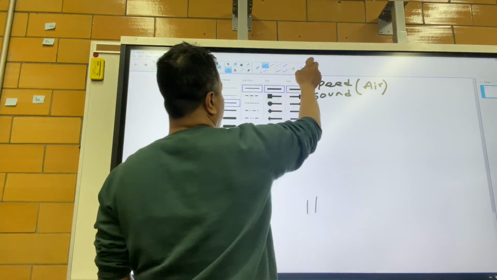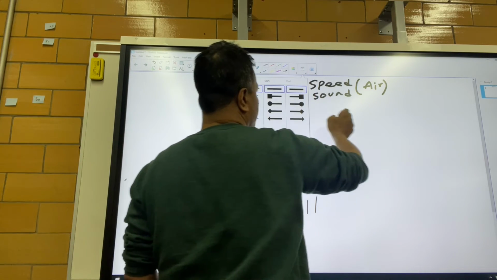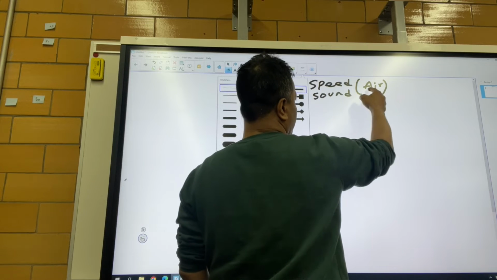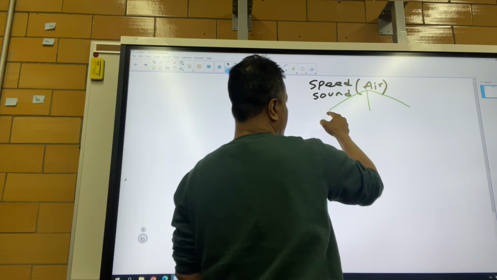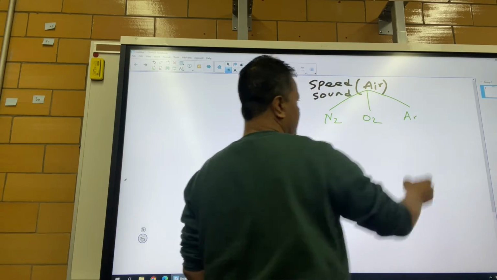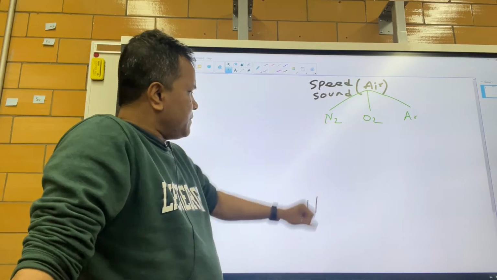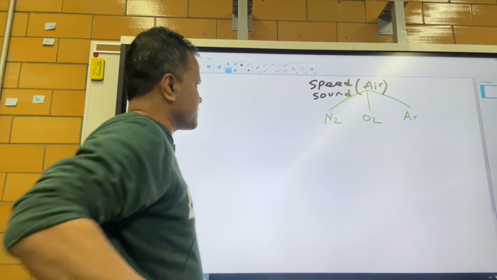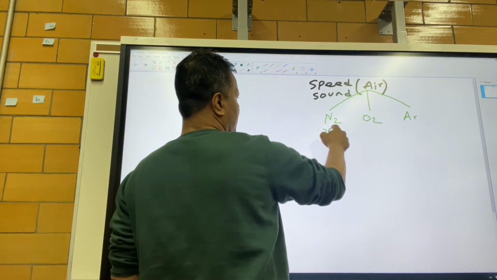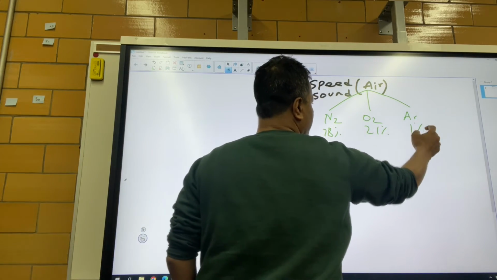Air is made of three types of gases: 1, 2, 3, nitrogen gas, oxygen gas, and argon. So nitrogen gas, how much percent? 78%, oxygen gas 21%, and argon 1%.